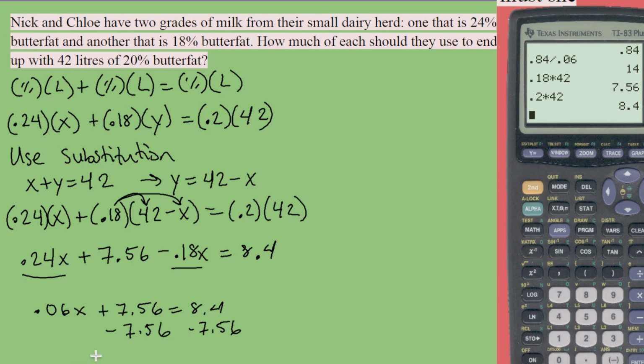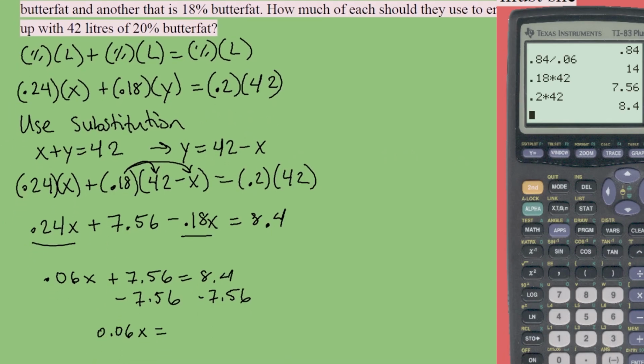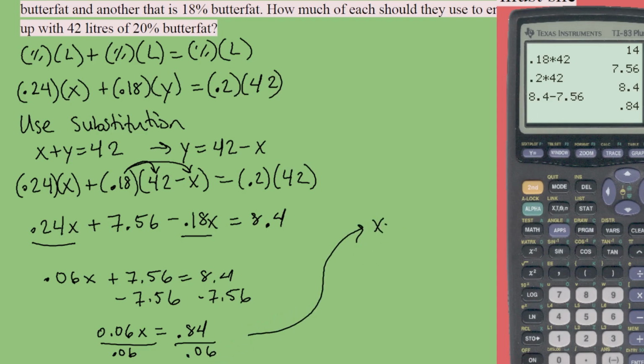You get 0.06x equals 8.4 minus 7.56 is 0.84. And now divide both sides by 0.06. We get x equals 14.